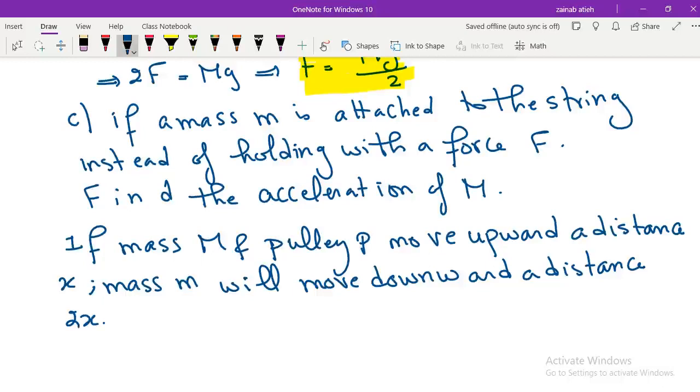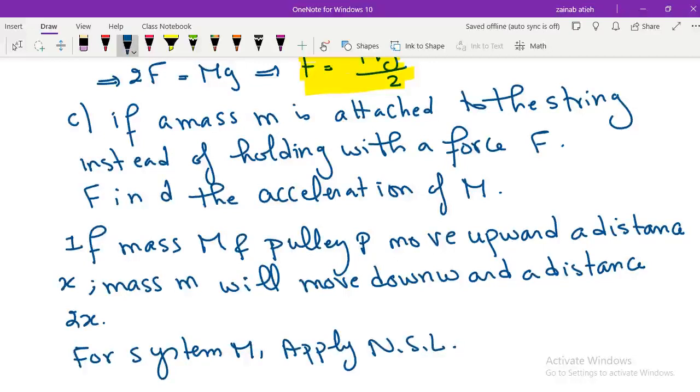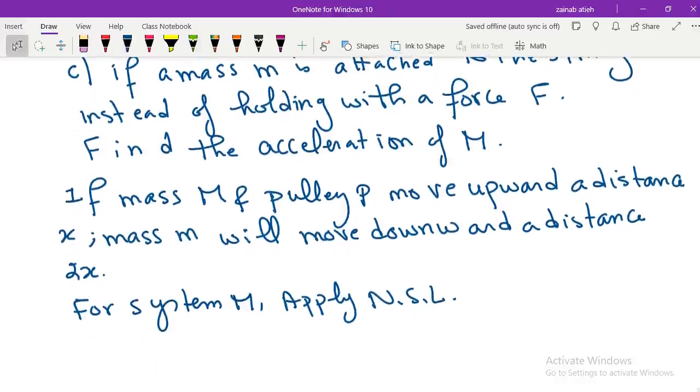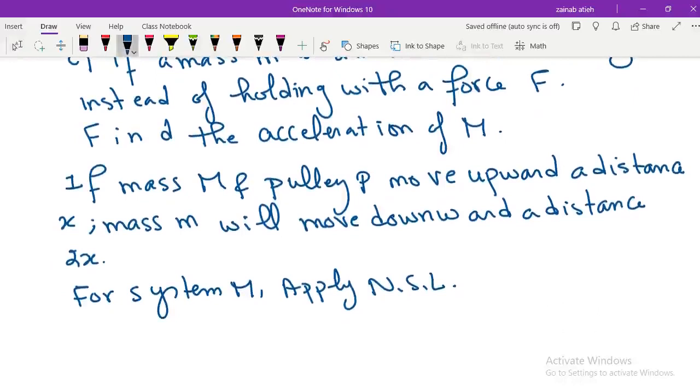Let's first apply Newton's second law for system M. If you remember, I had T5 upward and the weight Mg downward, and we said it will now move upward.